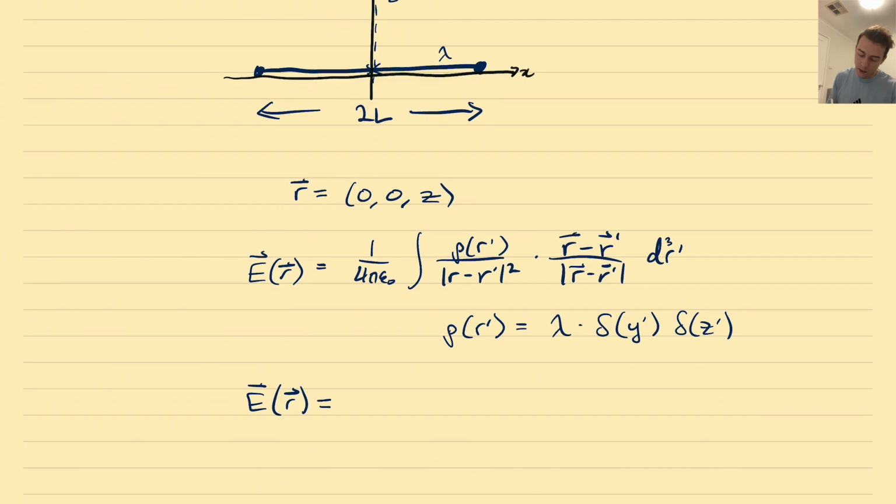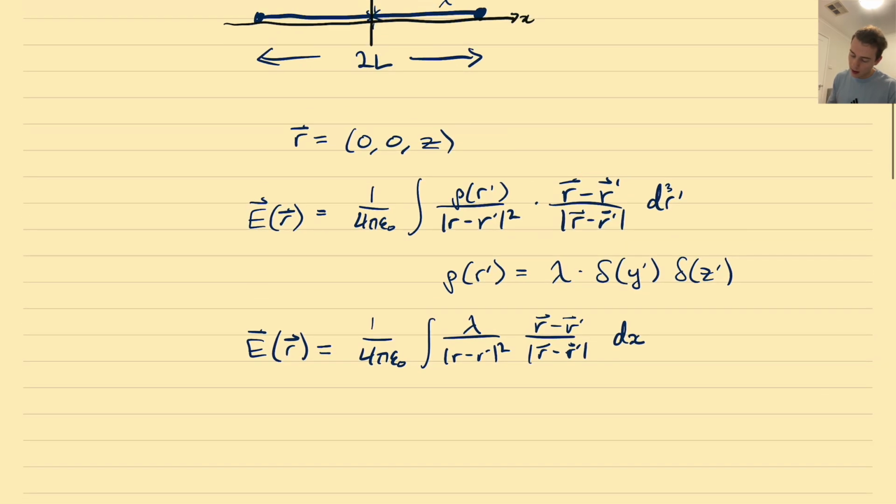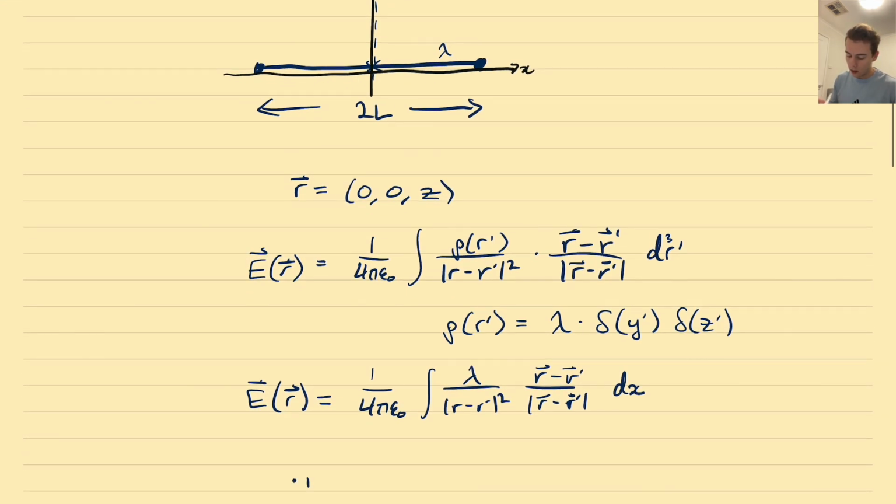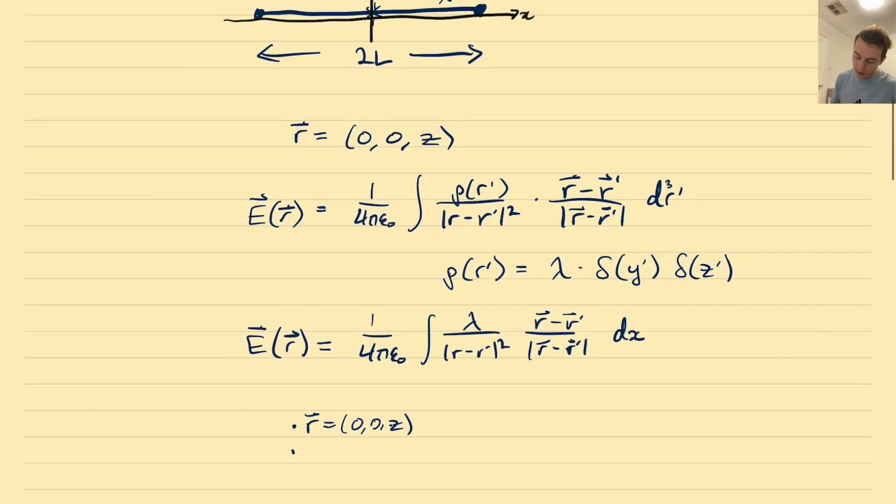Then the electric field becomes 1 over 4 pi epsilon 0 integral of lambda over |r minus r prime| squared, times the r minus r prime vector divided by |r minus r prime|, dx. And now let's set up our actual coordinates. The r value that we're interested in, I wrote that down above, (0, 0, z).